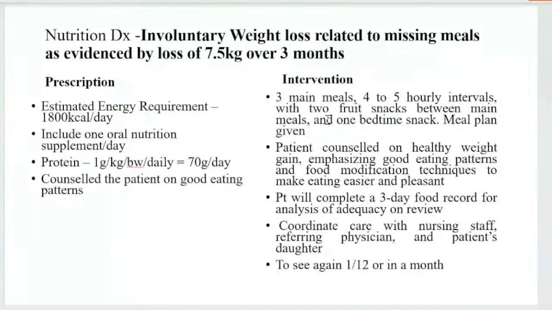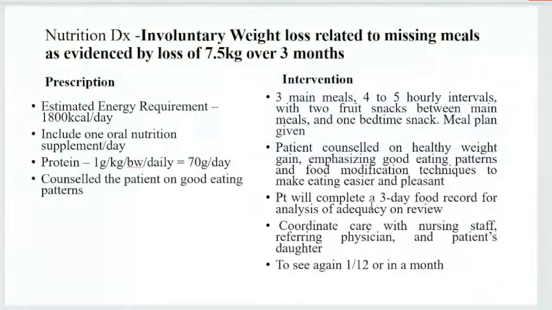So it means that the oral supplement can replace any of the snacks in between. And it is written that a meal plan has been given. And then patient counselled on healthy weight gain, emphasizing good eating patterns and food modification techniques to make eating easier and pleasant.